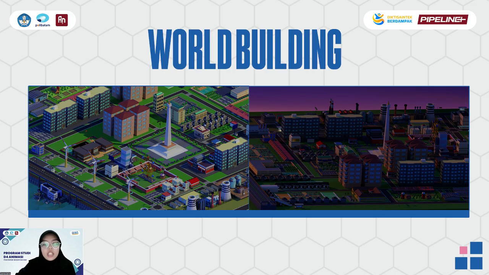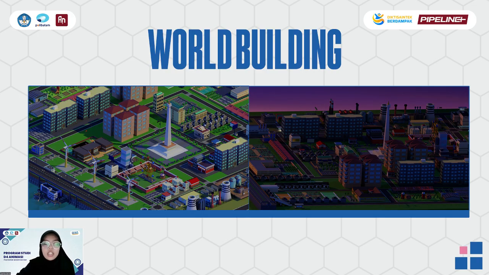When designing the environment, we also wanted players to easily recognize each area. That's why we arranged the buildings and roads in a clear and organized way, so the city is easy to explore. Besides that, we added a day and night cycle.